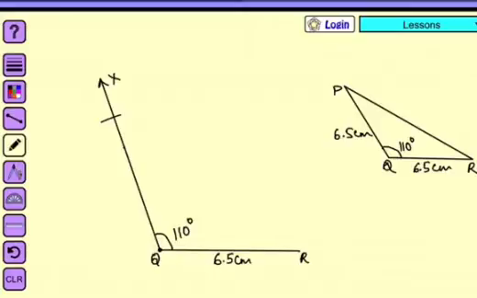So this length would be 6.5 centimeters and this point would be P. Did you understand, children? Now this is actually cutting QX at P. Now we'll have to join PR. Now after joining PR, triangle PQR is constructed. I hope all of you have understood, children.